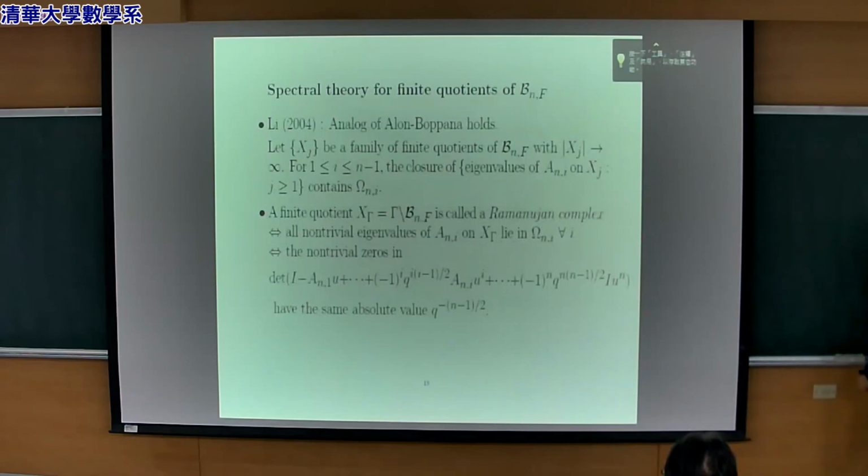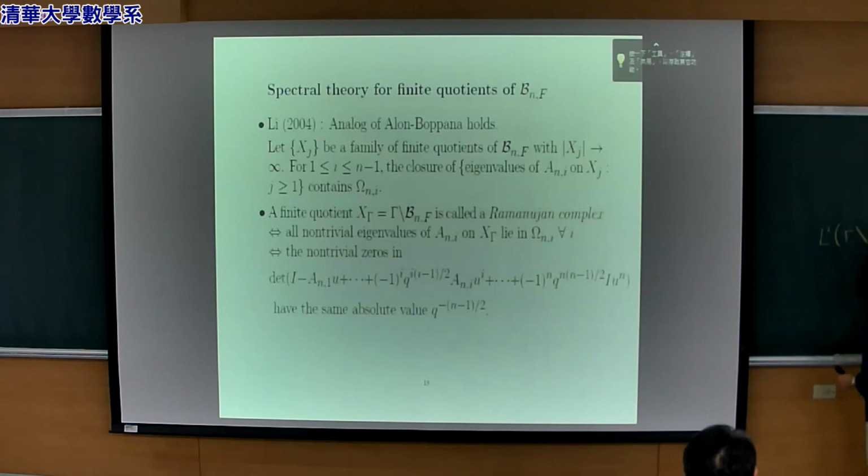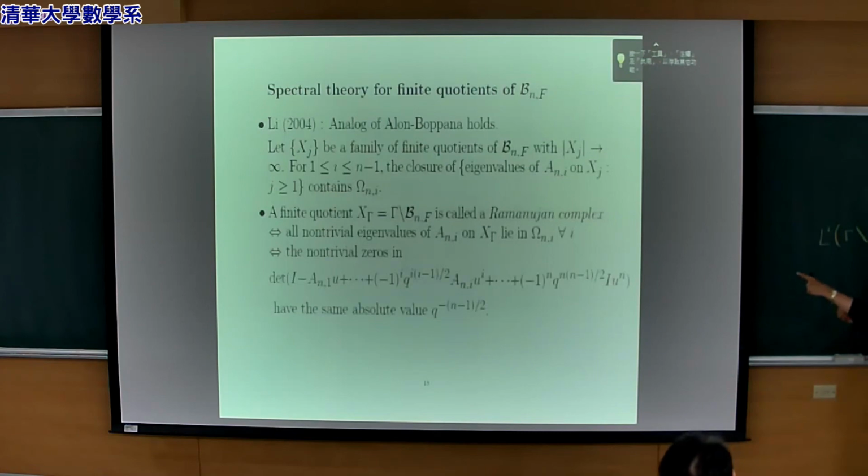It's equivalent to saying that all the non-trivial spherical representations appear here. But you hear this magic word, it is put together from several cuspidal representations which satisfy the Ramanujan conjecture.